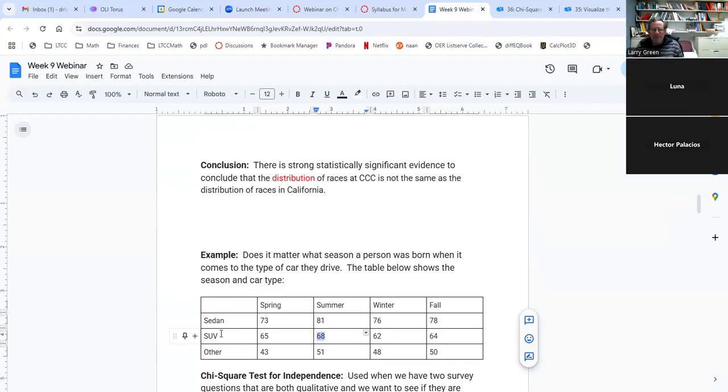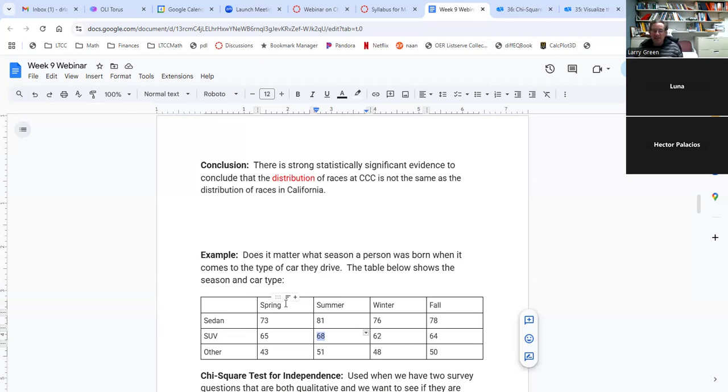Okay, and we want to find out if knowledge of one helps you understand the other. Gives you kind of better predictions for the other. Any questions on that? Okay. So to do that, what we're really saying is, are season born in and car type independent or are they dependent?